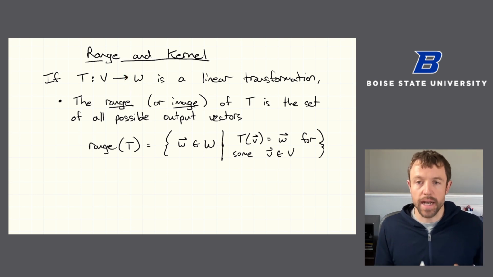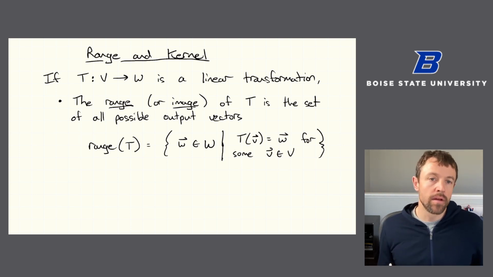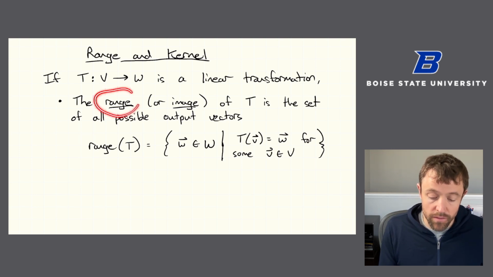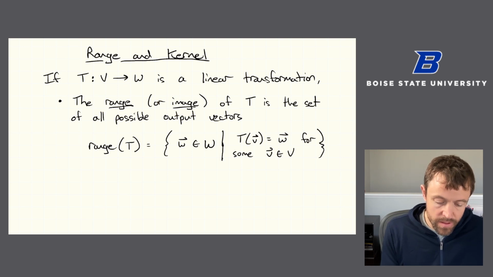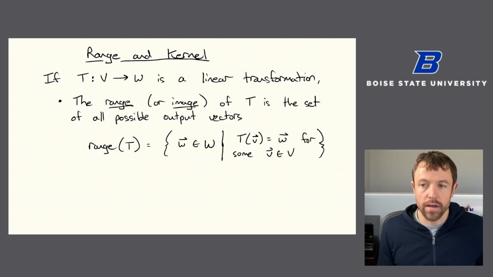They're the vectors that we can actually get as outputs. And this is something you're probably familiar with. Going through an algebra or calculus course, you see this notion of what's often referred to as range or image of a function. So this is going to build up off of this idea of one-to-one or not one-to-one.